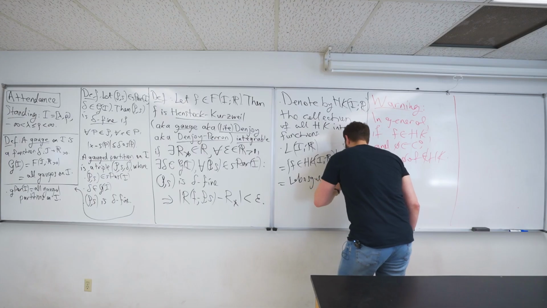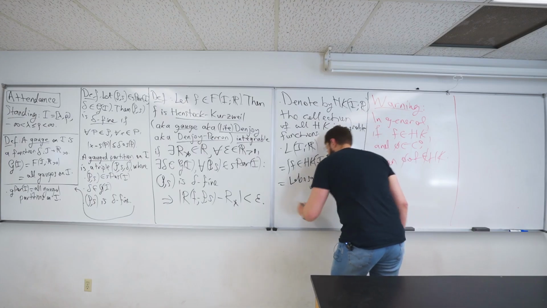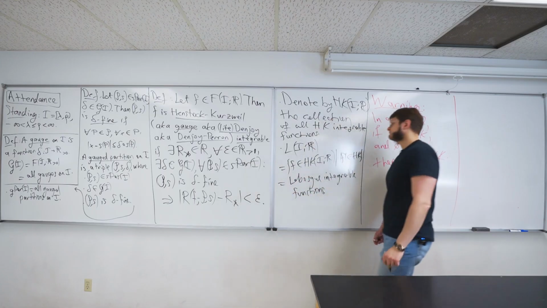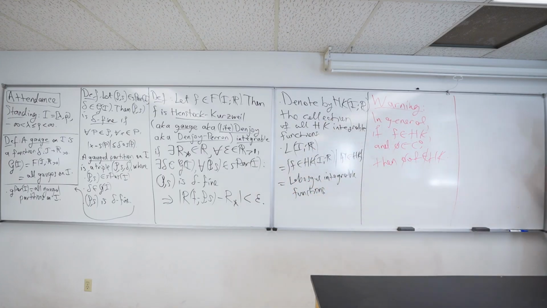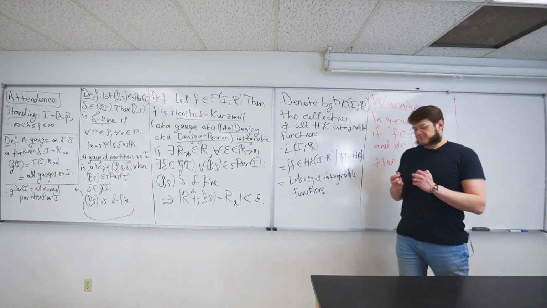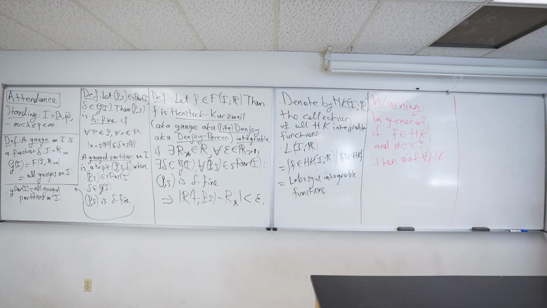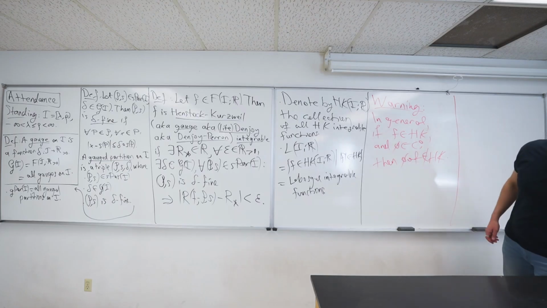Lebesgue integrable functions. Okay, so by definition, any Lebesgue integrable function is HK integrable, but not vice versa. Probably we're not going to see examples of this today, but maybe in a later problem set and so on.